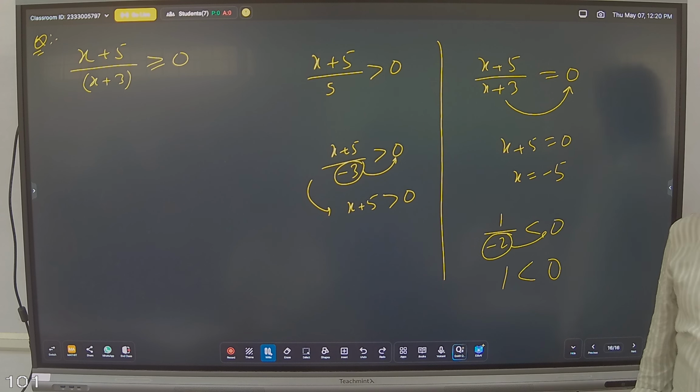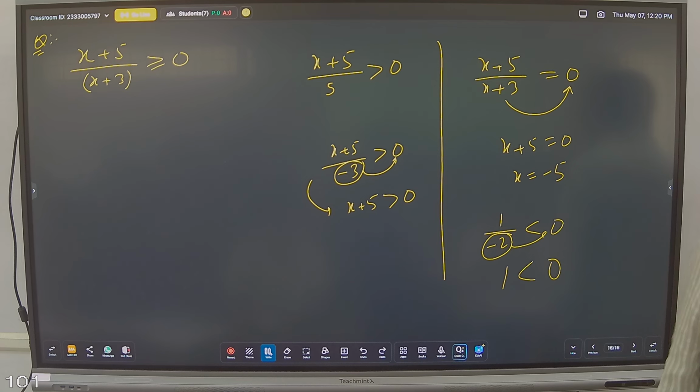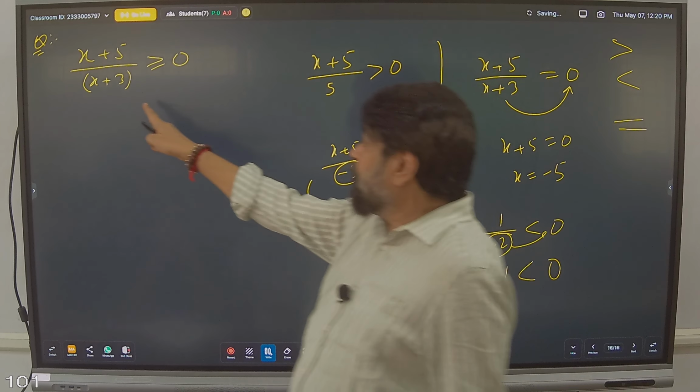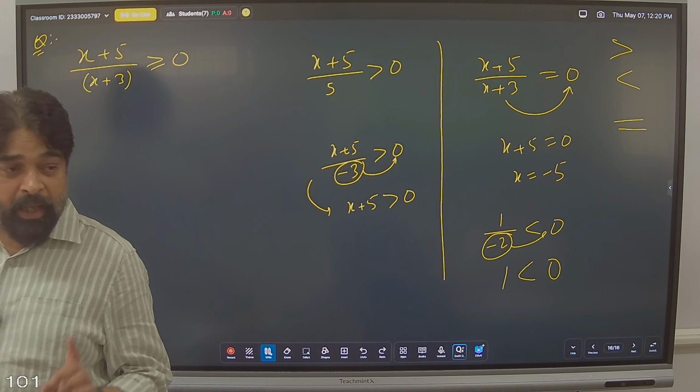Mathematics says whenever you multiply or divide by a negative quantity, the sign of comparison will turn 180 degrees. If you turn this 180 degrees, the meaning is different. But if you turn this 180 degrees, the meaning does not differ. It is turning here also, but it does not make any difference. But here I don't know whether it's positive or negative, so we cannot multiply. Are you able to understand?